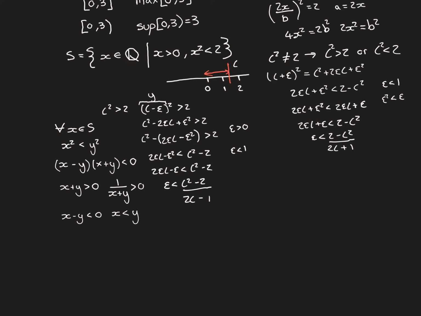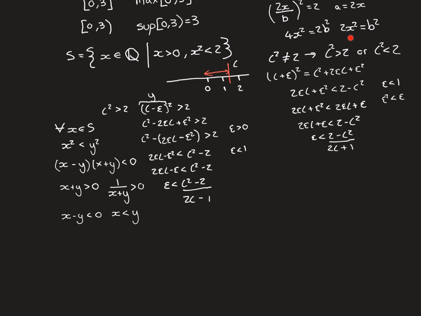So what we have shown overall here is that this set, which is a subset of the rational numbers and which is bounded above, has no least upper bound within the rational numbers. If it did have a least upper bound, that least upper bound cannot square to give 2, so it would either have to square to give something greater than 2, or something less than 2.